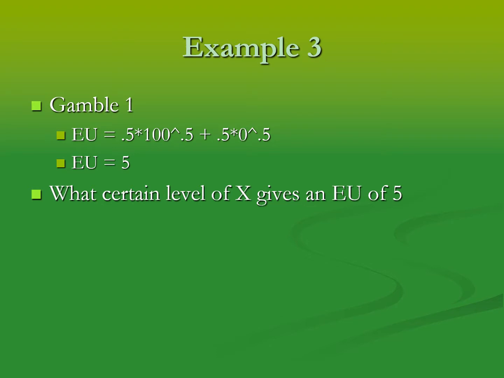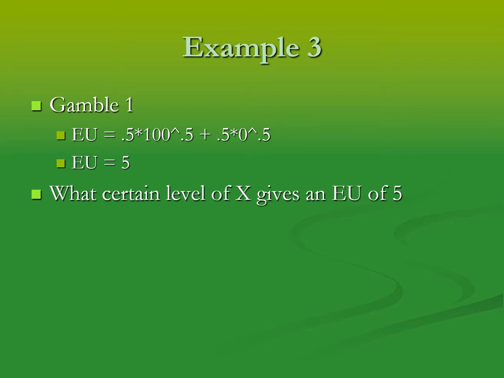We take those payoffs and plug them into the utility function. We're going to use the utility function of the square root of x, or x to the 1/2 power. Then once you plug them into the utility function, you multiply by the corresponding probabilities, add them together, and you get the expected utility. So here we have an expected utility of 5.